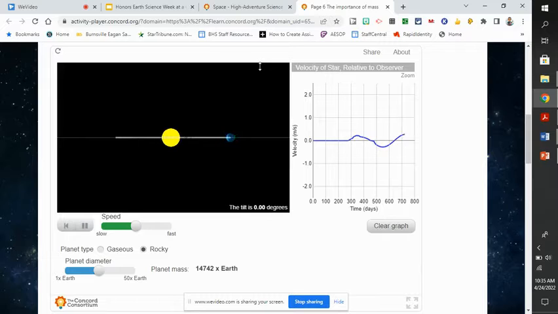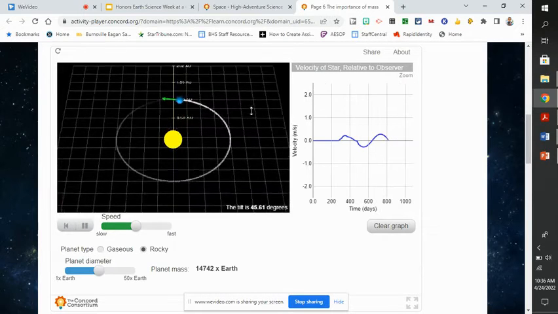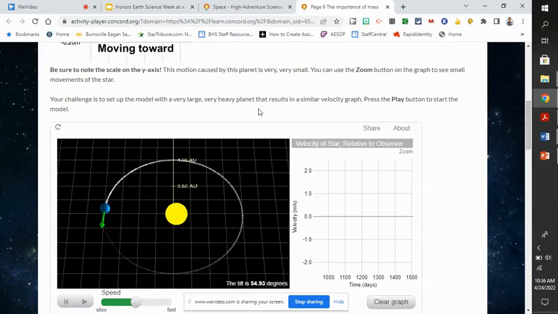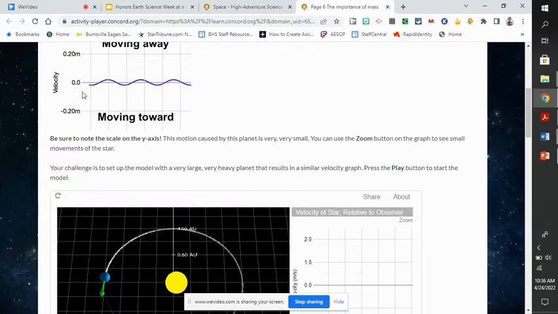Your job is to try to use a massive planet and try to replicate, I'll go ahead and clear the graph, and try to replicate this graph here. Here's 0.2 meters negative. That means it's going toward the observer, and 0.2 meters in the positive is going away.